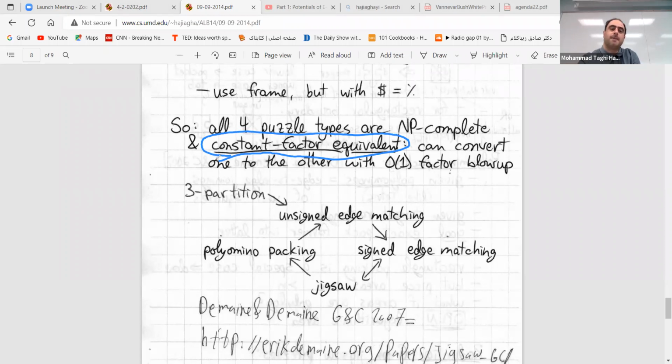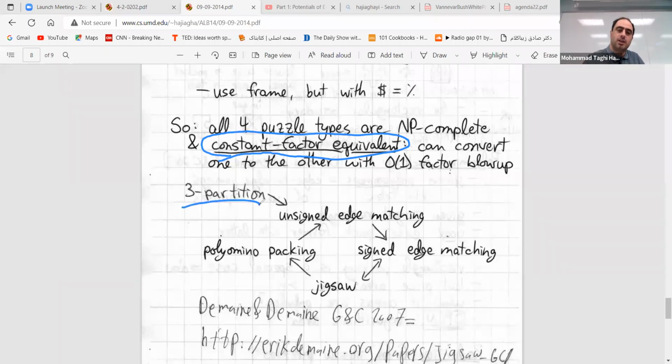What's the meaning of constant factor equivalent? It means that if the number of colors is n, or the number of shapes, or any parameter is n, going from one to the other, you can blow it up by a constant factor. Any important parameter of each of them just changes by a constant factor of n. And this was essentially the shape that we had.